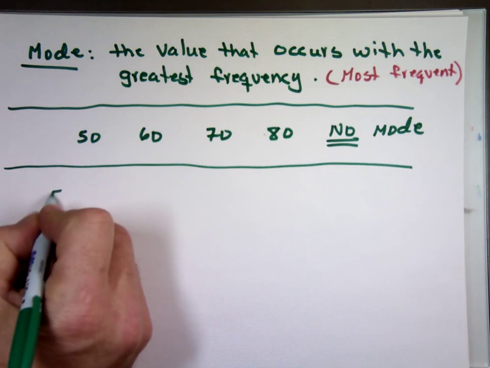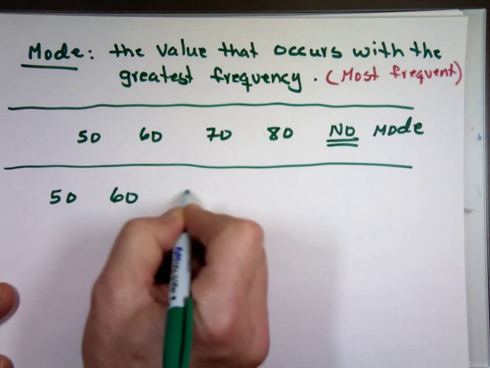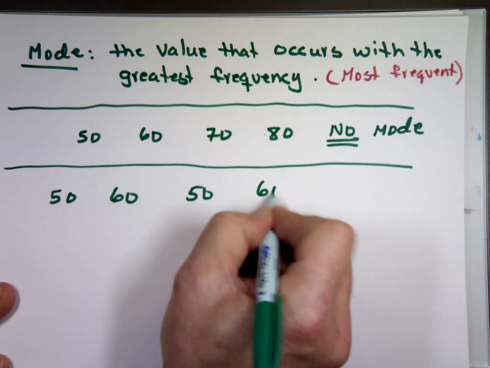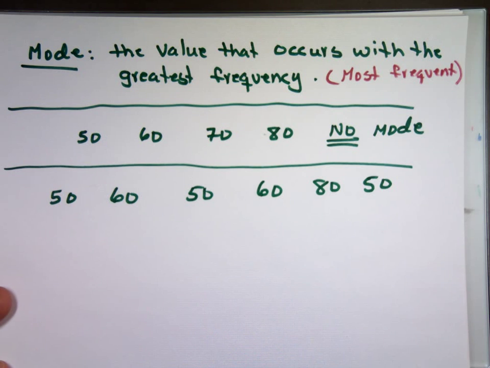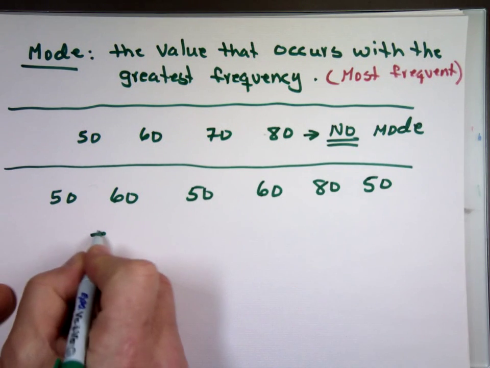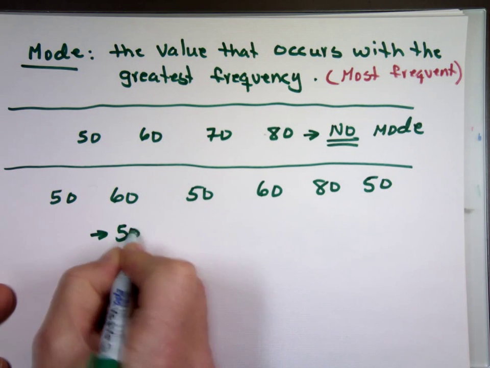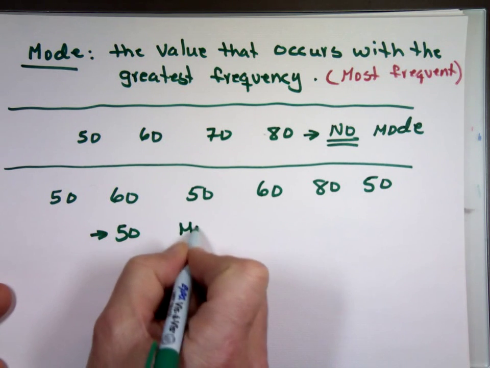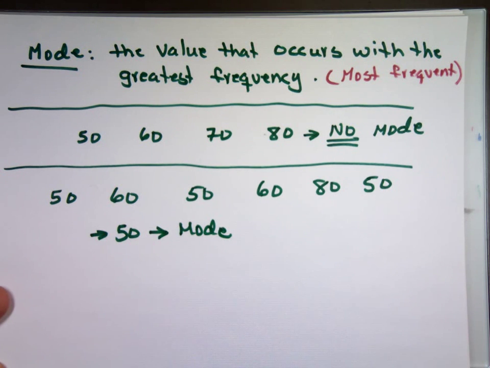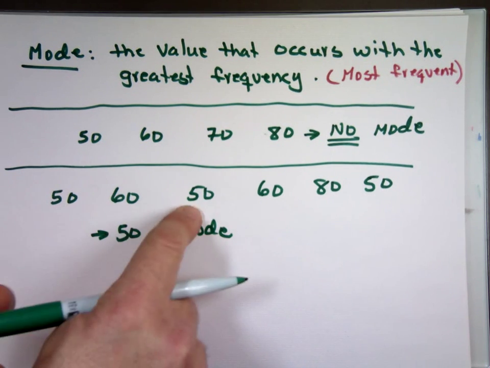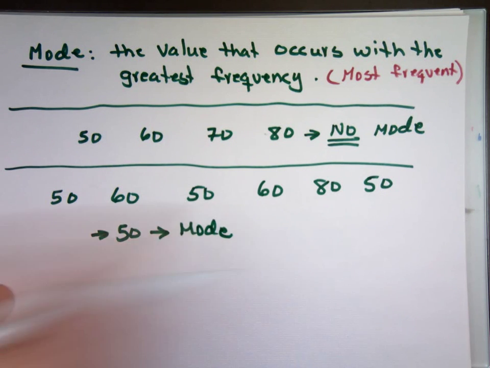Now: $50, $60, $50, $60, $80, $50. What's the mode? 50. Just the 50, not 50 and 60. 50 showed up 3 times. 60 only showed up twice. Only one mode.